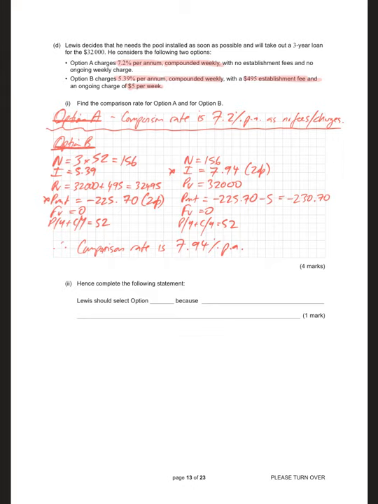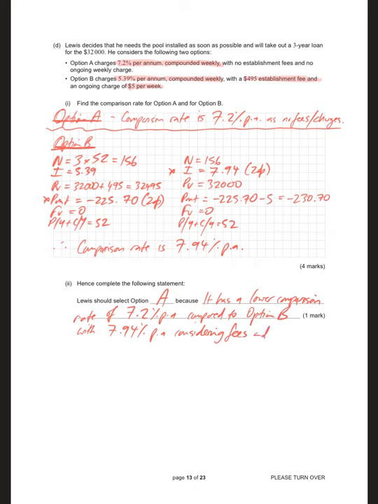Lewis should select option A because it's a lower rate, and this is a loan, because it has a lower comparison rate of 7.2% per annum compared to option B with 7.94% per annum, considering fees and charges. All right, that's that question done. Moving on.